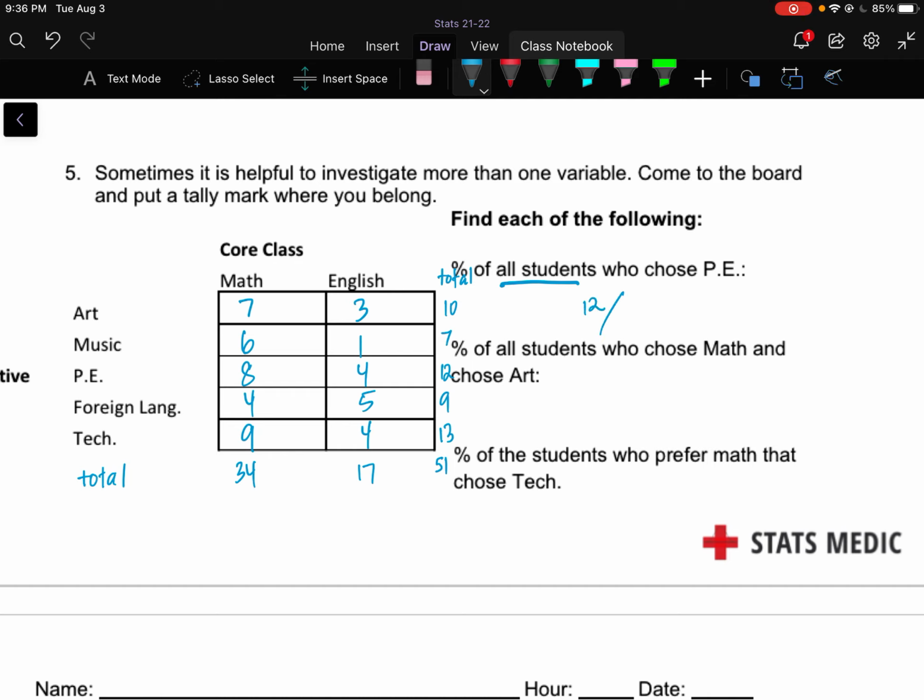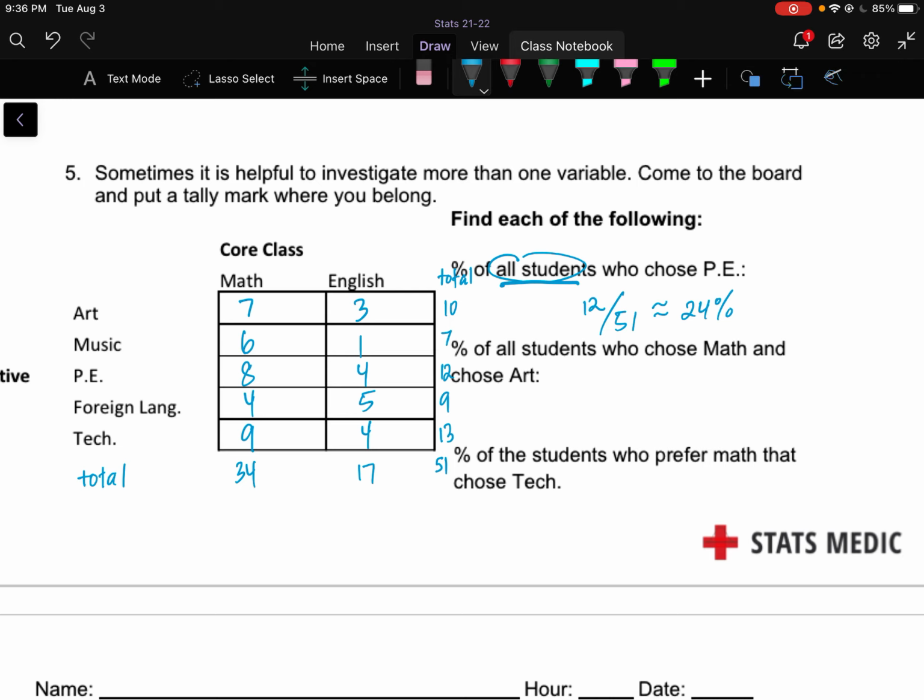How many total students are there? Because we're looking at all students. That would be 51. And 12 out of 51 is roughly, let's just round that to 24%. Okay. So 24% of all students surveyed like PE.